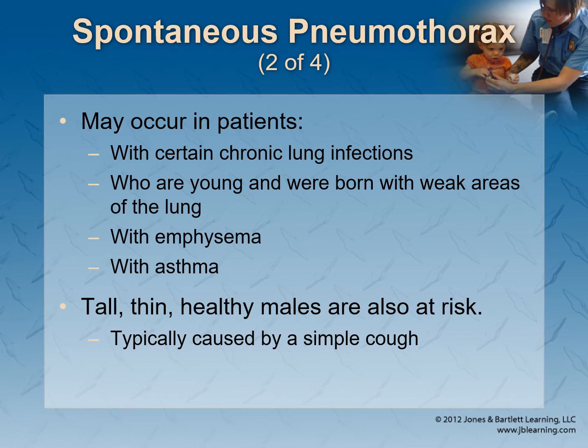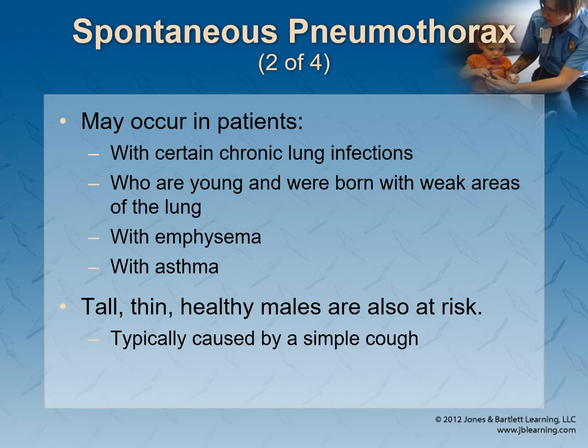If you're treating an emphysemic patient, an asthmatic patient, and they're complaining of shortness of breath, but you're not hearing the wheezing. It doesn't sound like a COPD exacerbation. You really want to listen for the differential breath sounds from one side to the other. You want to be on the lookout for signs of tension building inside the chest because it could be a pneumothorax.